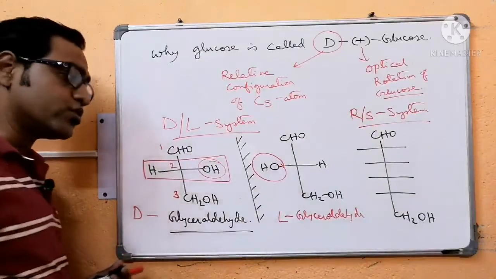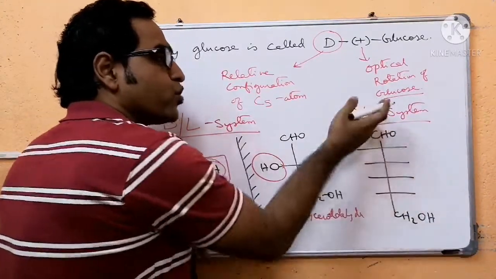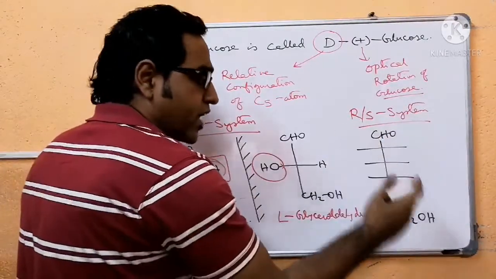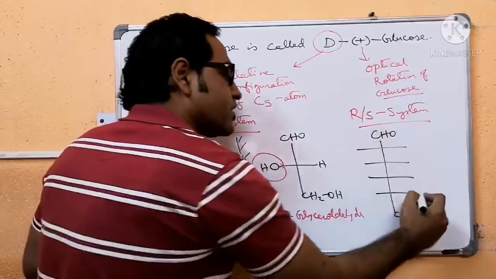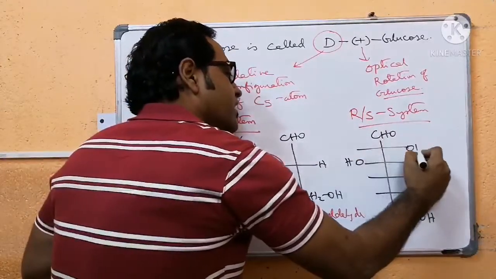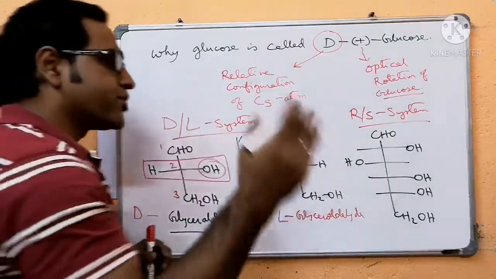Now how to put the OH group? The simple concept: you put the OH group from bottom to top. Right, right, left, right. This is how I memorize it.